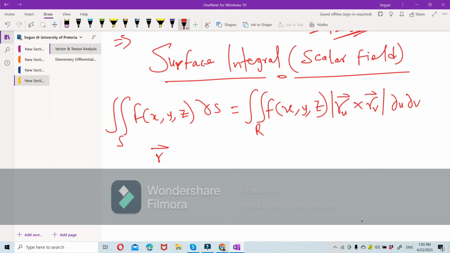This factor is the partial derivative of the surface S with respect to u and v. Then you differentiate y also, and you differentiate z also.